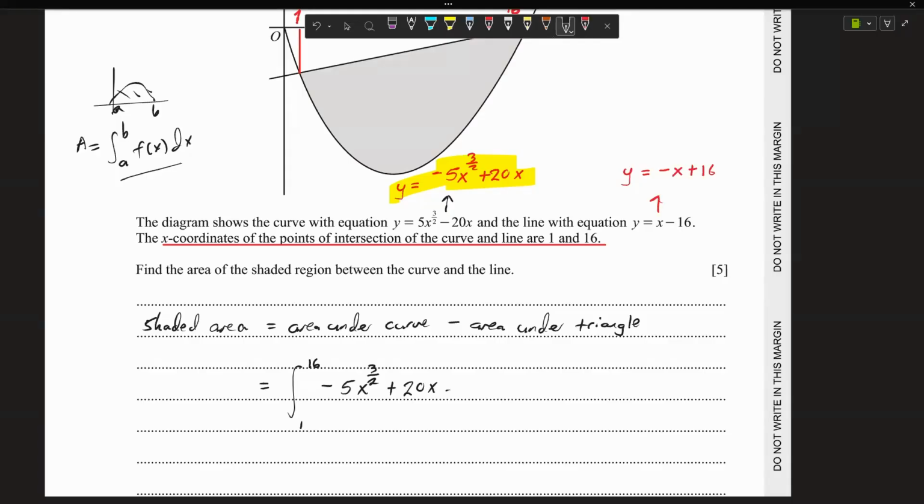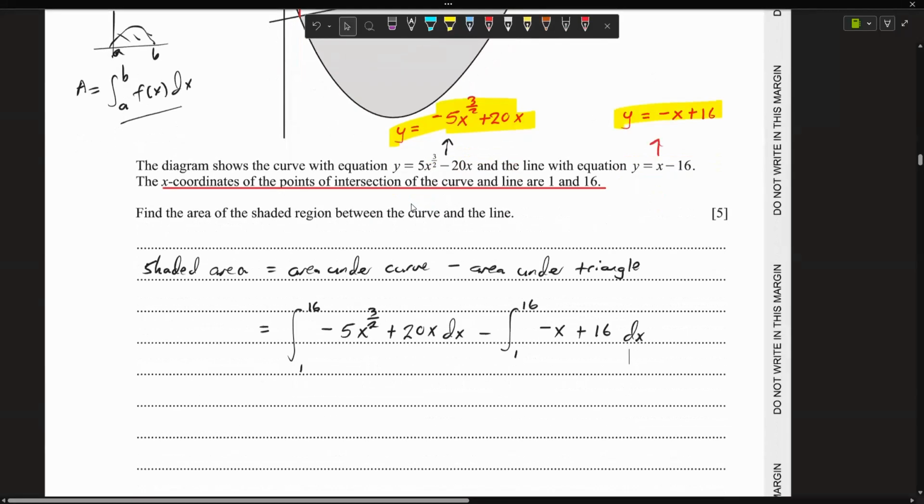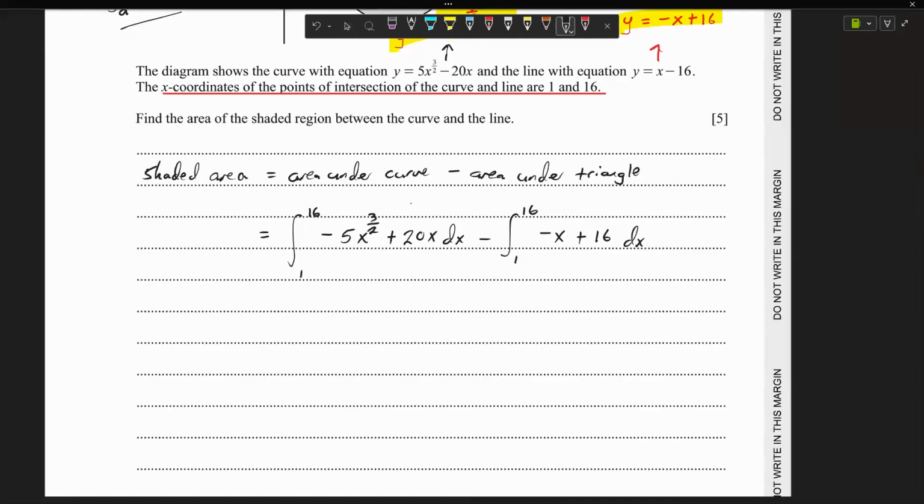All right, and that's with respect to x, minus the area enclosed by the line. That's the integral, again, from 1 up to 16. And we will use this. That's essentially minus x plus 16, and that's with respect to x. So let's do the integration, right?